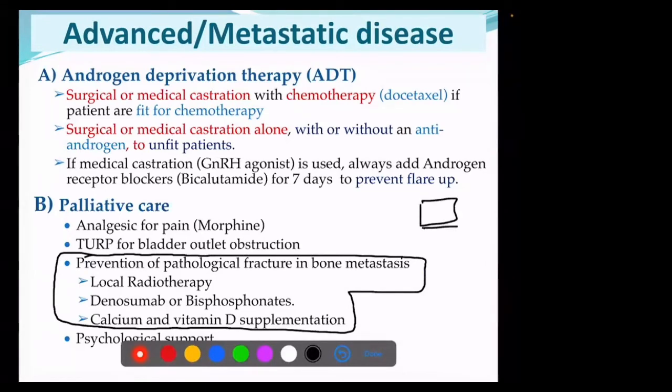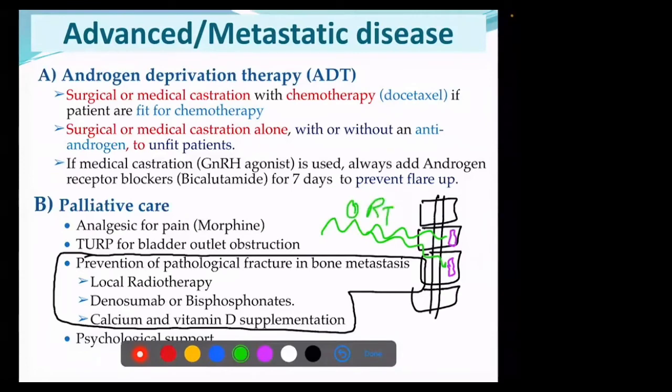So this is vertebra, the most common site of metastasis, and it contains spinal cord. So if you don't manage these cancer cells, then it will cause fracture of vertebra, leading to spinal cord injury or spinal nerve injury, right? So what to do? Apply local radiotherapy to these bones. One, radiotherapy.